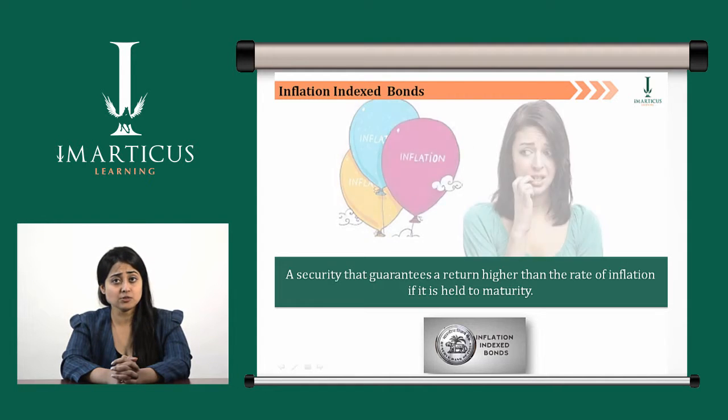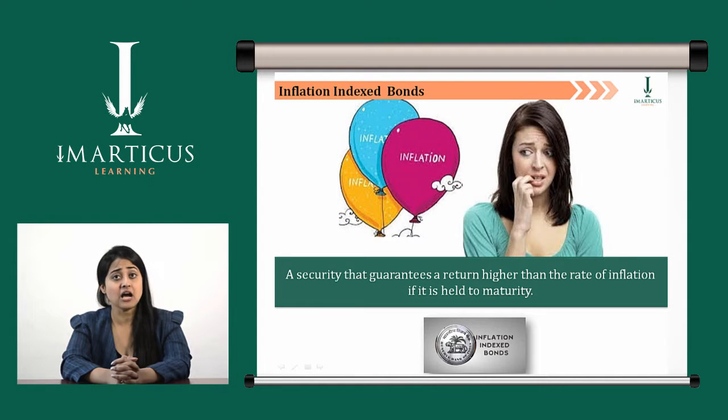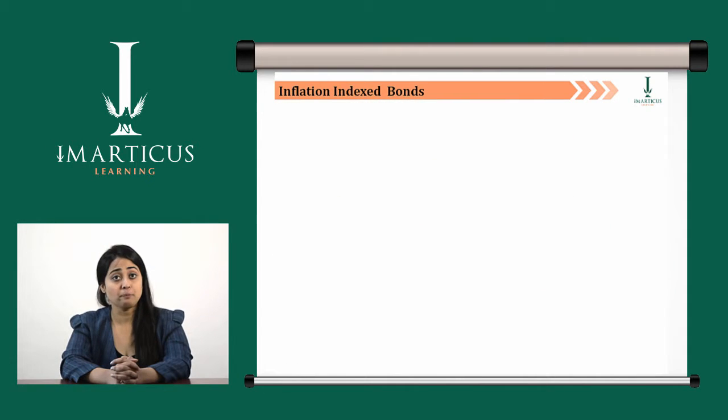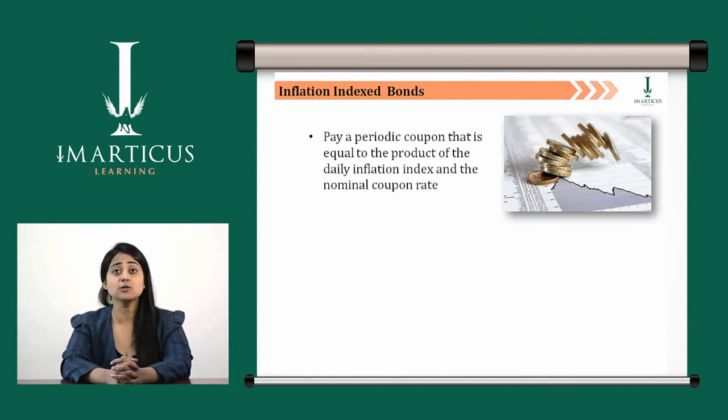An inflation indexed bond is a security that guarantees a higher return than the rate of inflation if it is held to maturity. Inflation indexed securities link their capital appreciation or coupon payments to inflation rates. Daily inflation index bonds pay a periodic coupon that is equal to the product of the daily inflation index and the nominal coupon rate.